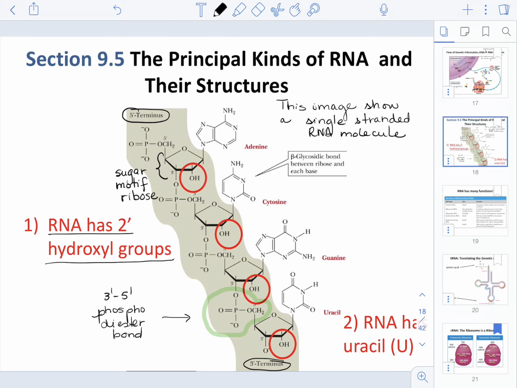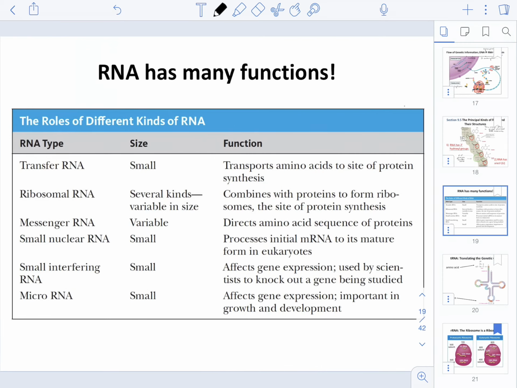If we look at the nitrogenous bases that are present in this single-stranded RNA molecule, we can observe that uracil is present. And remember, uracil is the nitrogenous base that is present in RNA and not DNA. I established already that RNA is going to be the template that is utilized in order to synthesize protein.